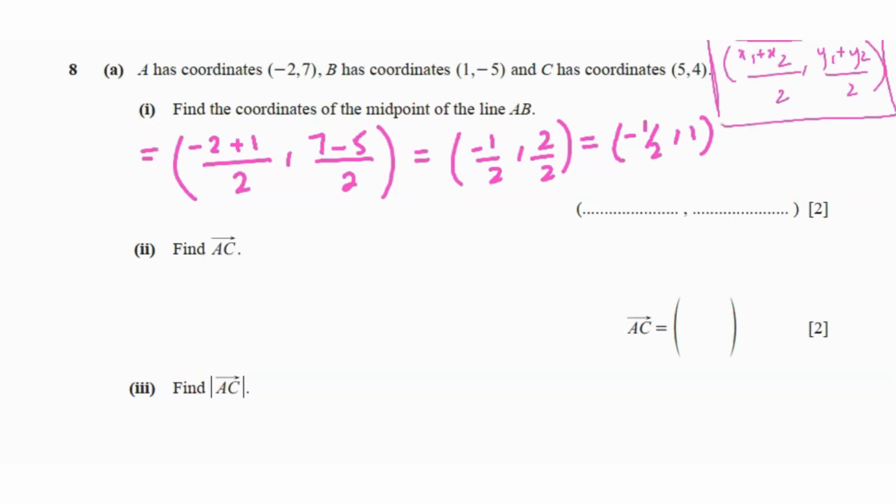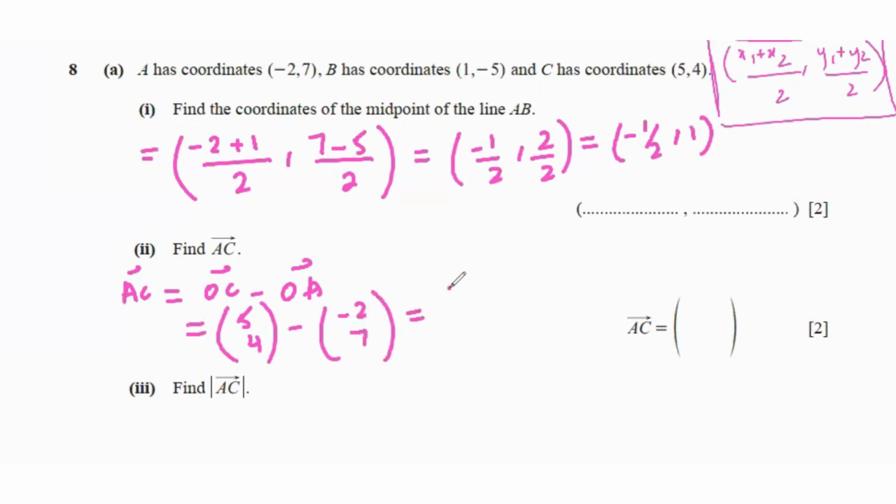So it says find AC. AC is going to be OC minus OA, which is (5, 4) minus (-2, 7). 5 minus -2, 4 minus 7, which is 5 plus 2, 7, and 4 minus 7 is -3.